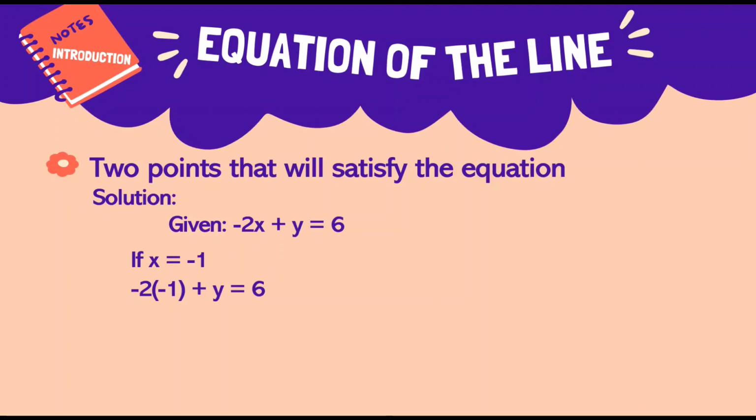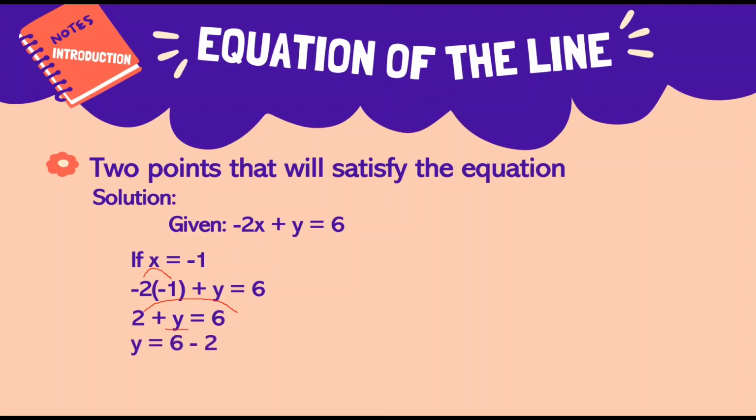So in order to simplify our given equation, we need to multiply negative 2 to our negative 1. So multiplying negative 2 to negative 1, the result is positive 2. And then copy plus y is equal to 6. Next, the next step is to transpose positive 2 to the other side of the equation in order to find out the value of our y.